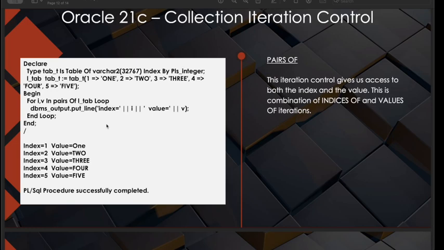As you can see in the example, we defined values as 1, 2, 3, and indices as 3, 4, 5, and then we wrote the loop for I, V in pairs of L_tab loop, and in the output you can see index and value both appearing. So pairs of is the combination of indices of and values of.